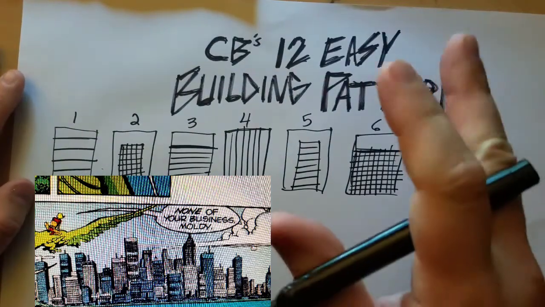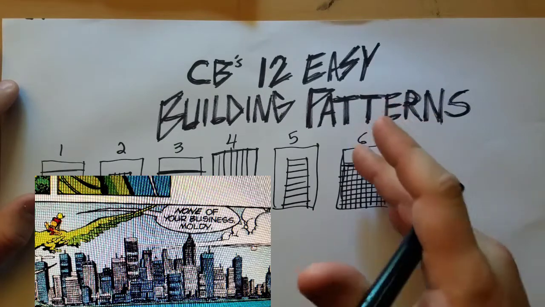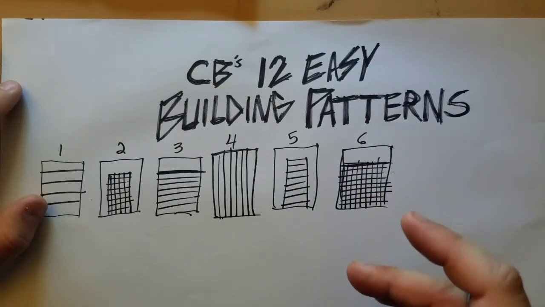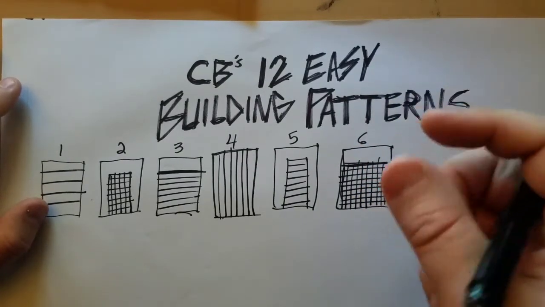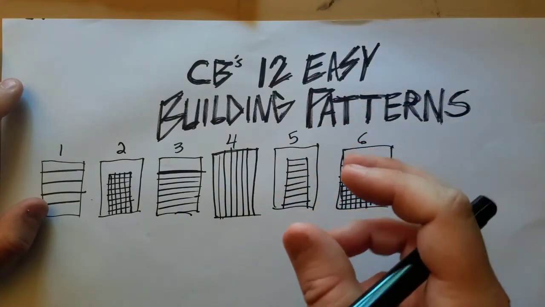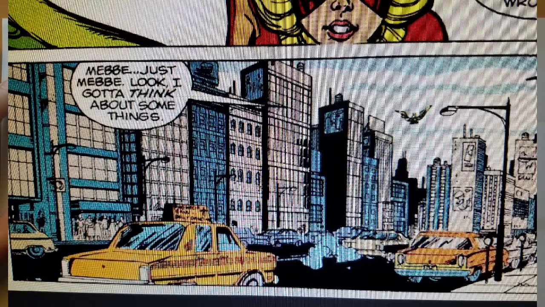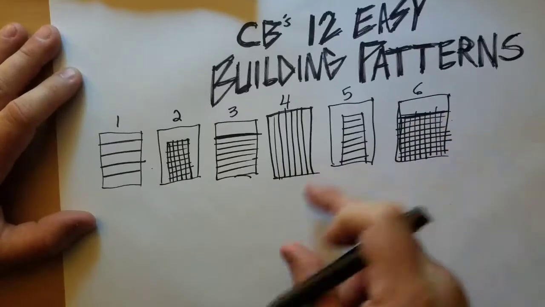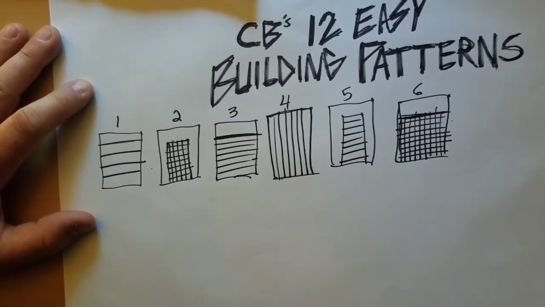Not only do they use these for the bulk of their city buildings, but there are a few exceptions where they'll use one or two fancy buildings that they'll put in the foreground. But again, we're not going to cover that in this video. We're instead just focusing on the simple.